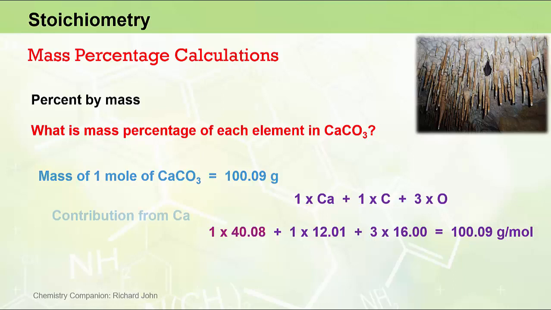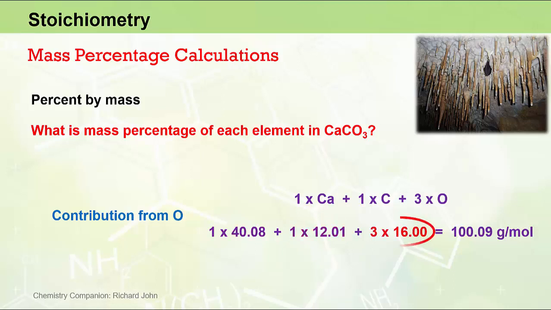We now note that the mass contribution from just the calcium to 1 mole of calcium carbonate is 1 times 40.08 grams, and the contribution from just carbon is 1 times 12.01 grams, and the contribution from just oxygen is 3 times 16.00 grams.